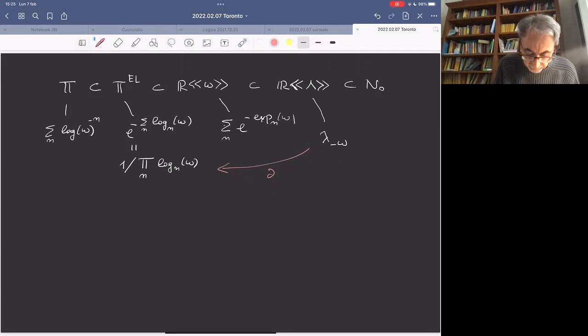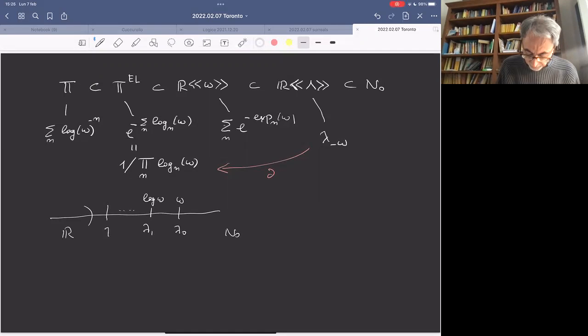Recall that we have here the surreals. Here we have the convex hull of the reals. Here we have lambda 0, which is omega. Then we have lambda 1, which is the log of omega. And then we keep going.